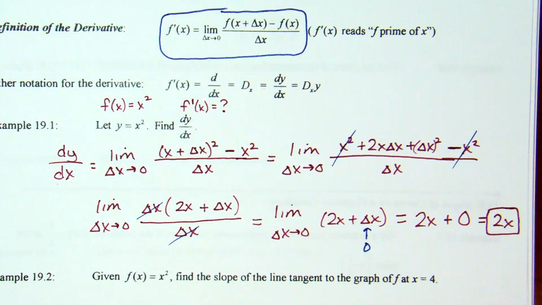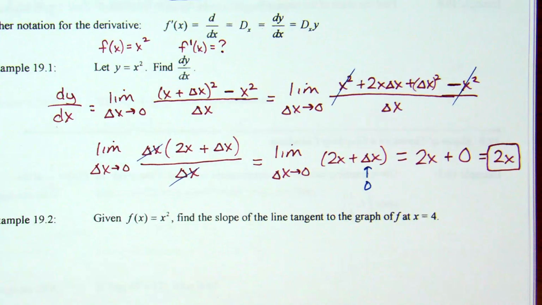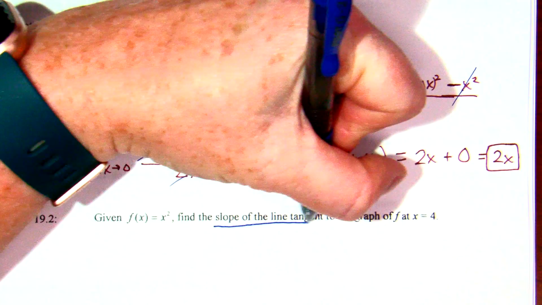Given f of x equals x squared. Find the slope of the line tangent to the graph at x equals 4. Any thoughts? Okay.